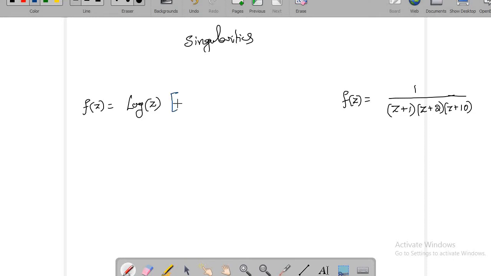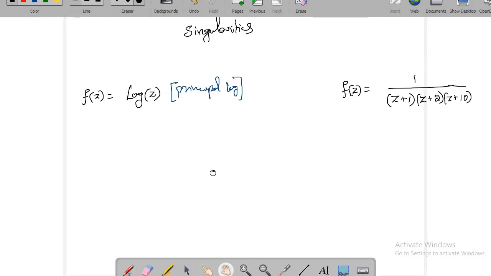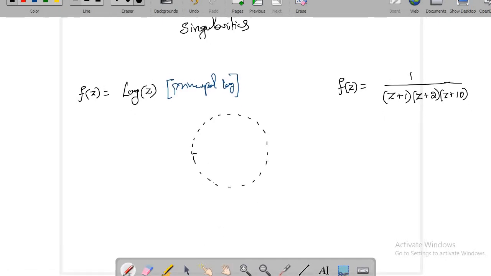See, remember I am taking the principal logarithmic function here. So what are the singularities of this principal logarithmic function? Do you remember the branch cut for a principal logarithmic function? And we proved that this principal logarithmic function is not continuous along this line, that is the negative x-axis, but everywhere else we do not have any issue.